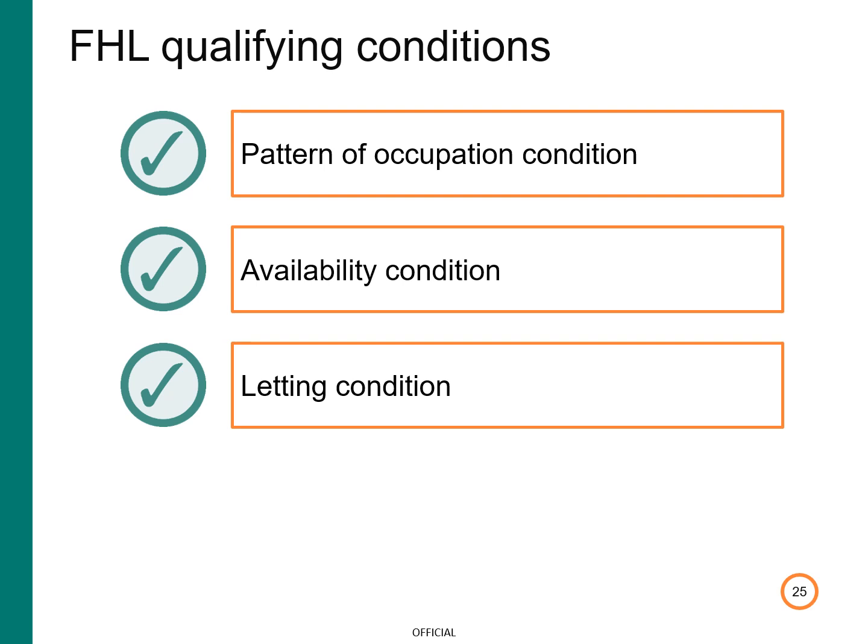We call these the occupancy conditions. They are the pattern of occupation condition, the availability condition, and the letting condition. These conditions refer to what we call the relevant 12-month period, so I'll just explain what this means before we look at the different conditions.